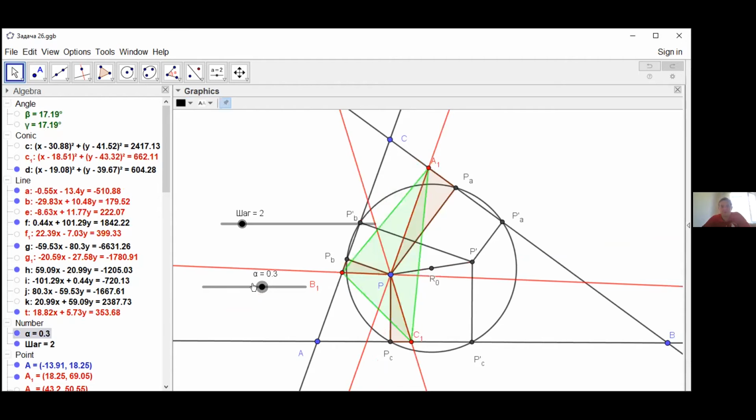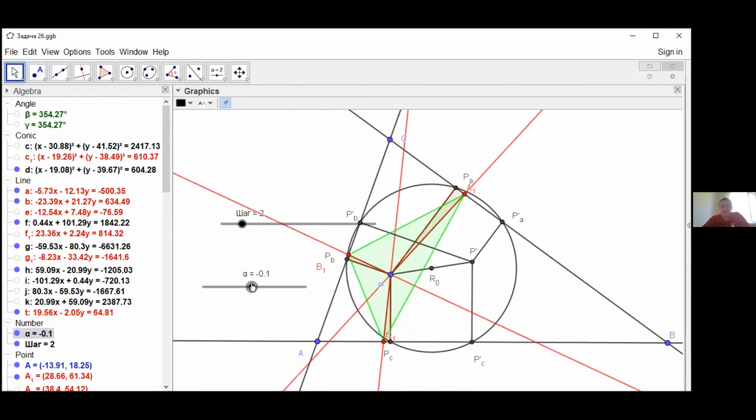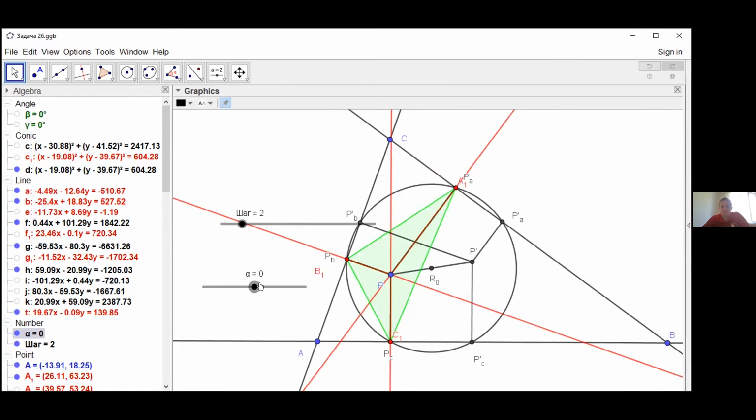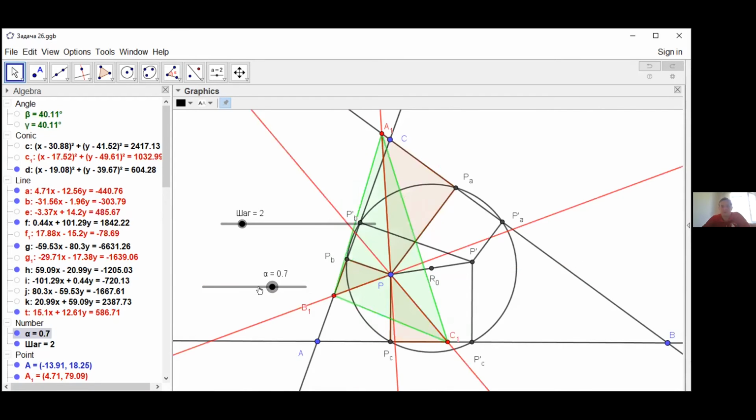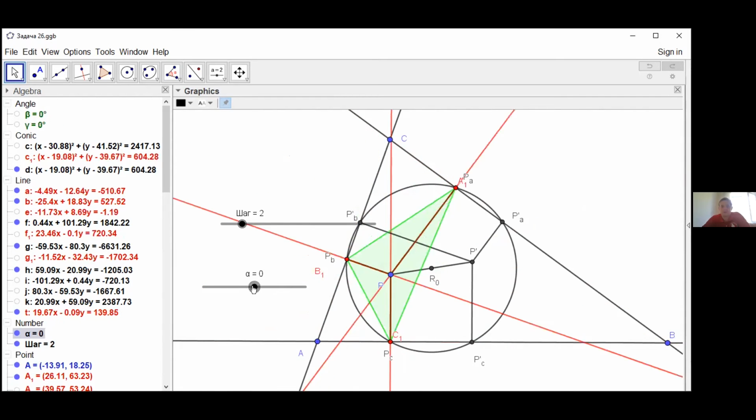So the process looks like: start from the pedal and rotate, and obtain this family of similar triangles. So what about the circumcircle of this triangle and the circumcenter?